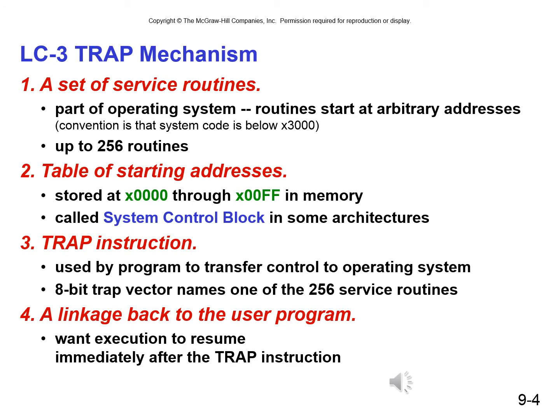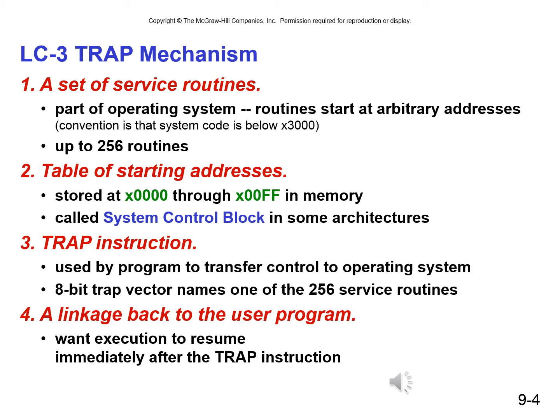So the LC3 trap mechanism includes a set of service routines that are part of the operating system. And we know that user space available for user programs begins at hex 3000. So the operating system exists between hex 0000 or hex 0 and user space.